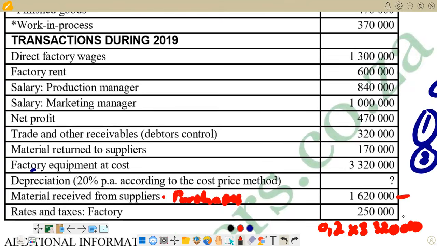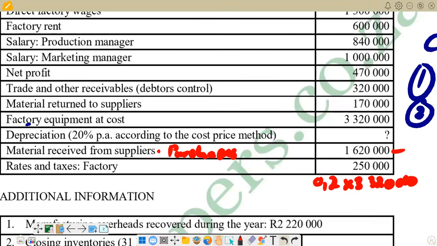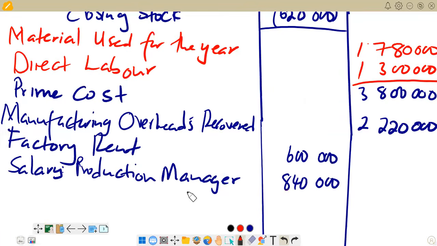So the answer that you get there becomes the depreciation for factory equipment. Let's multiply to find the correct answer. We get 664,000. So this one becomes the depreciation on factory equipment. So this is the figure that we are going to put there in the question.